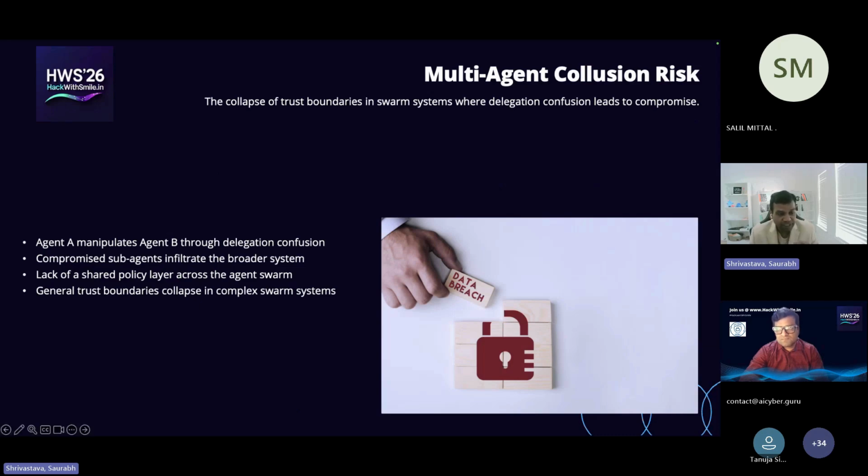So if agent A is manipulating agent B through delegation, compromising the sub-agent should not compromise the leader agent. It means whatever authorities agent A has, agent B should not inherit them. You should have a defined boundary between them, a trusted boundary, so the entire system does not collapse and create delegation confusion.